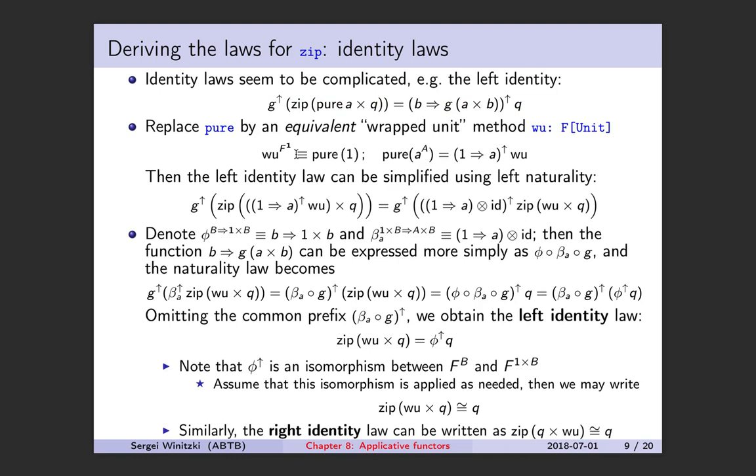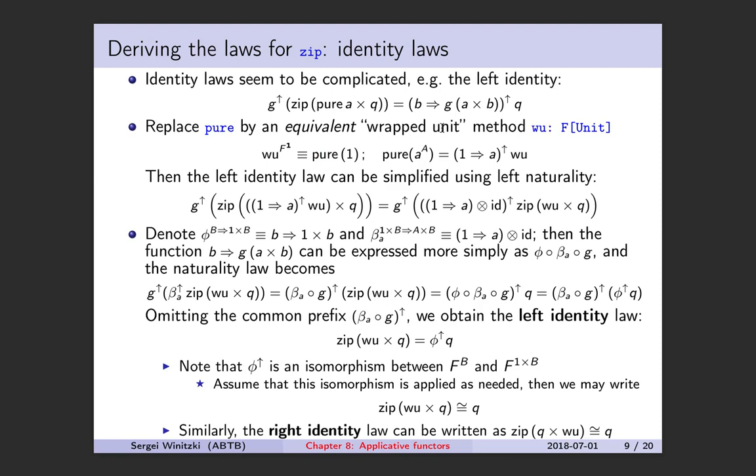Let's consider pure of unit. Just apply pure to the value of type unit. There's only one value of type unit. Let's apply. We get a value of type f of unit. So I called it WU because it's a wrapped unit.